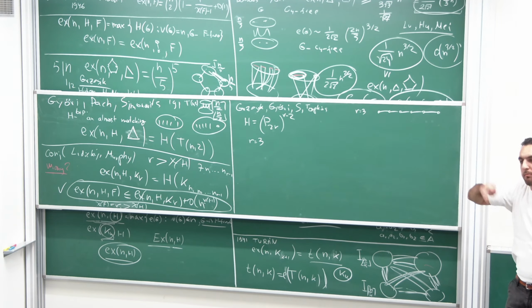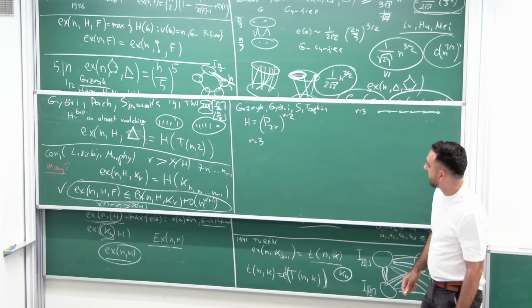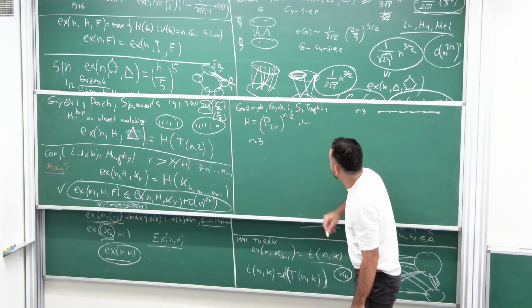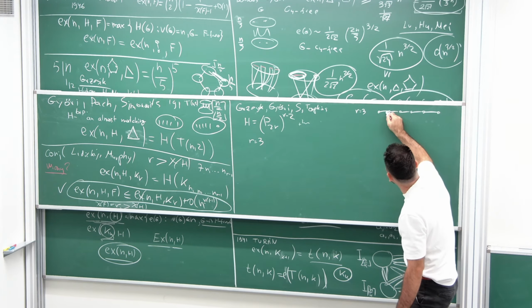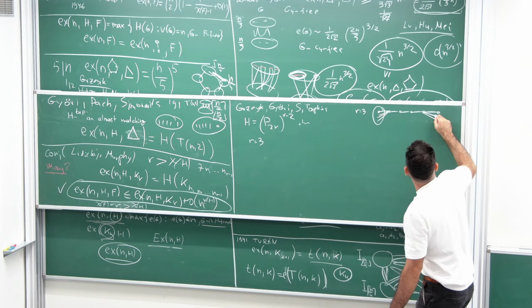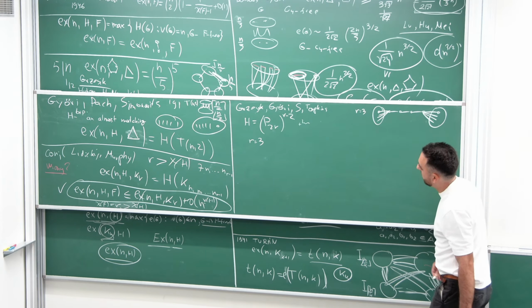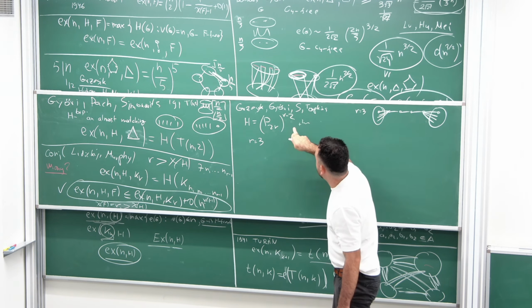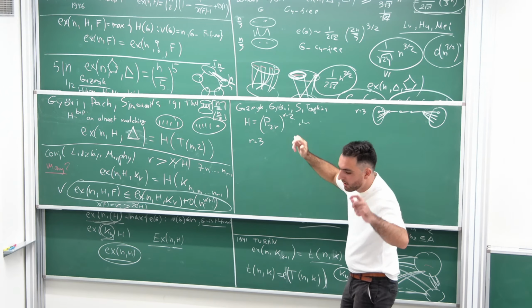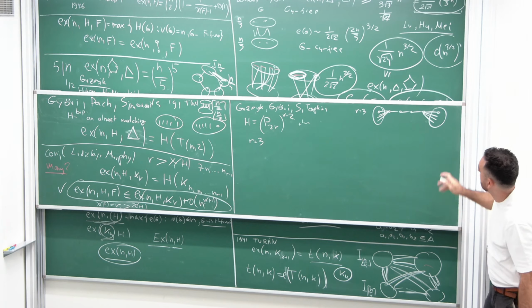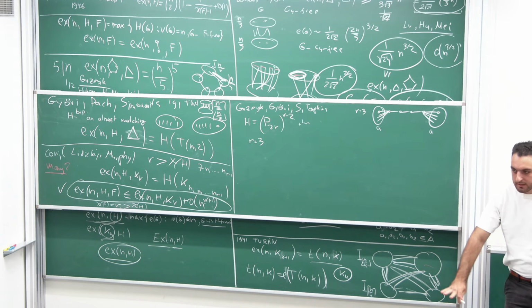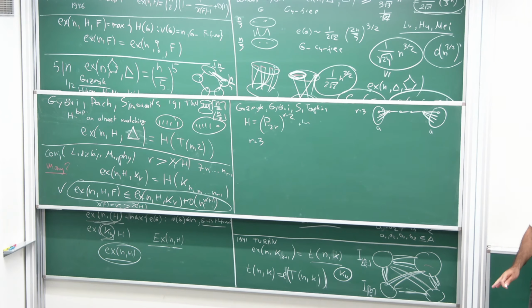So maybe we should check the other example. And here we need to do something more. So what do we do? Instead of taking these leaves, we just blow up the terminal vertices. So H is P_{2R} to the R minus 2, with blown up leaves. So the sizes of these are A, and that is A, and that is given in the paper exactly what they are.